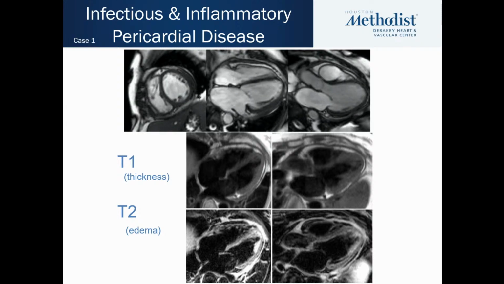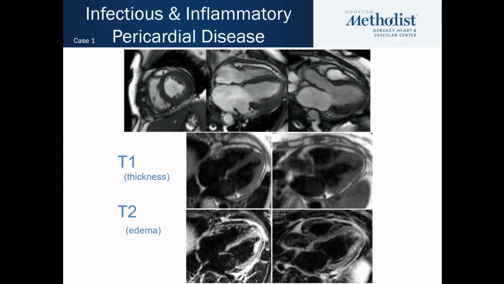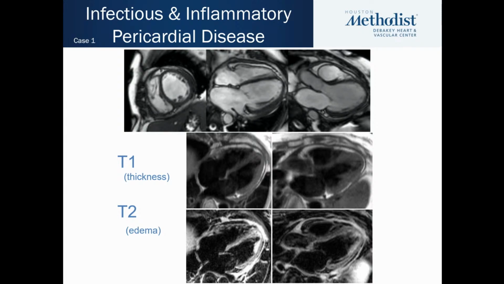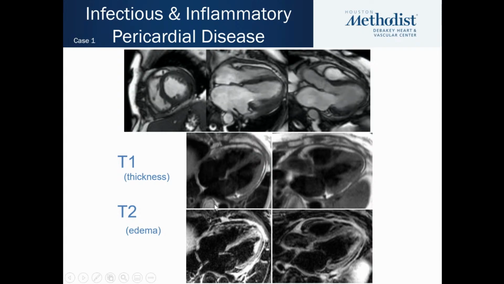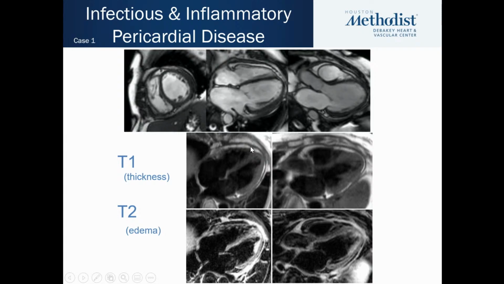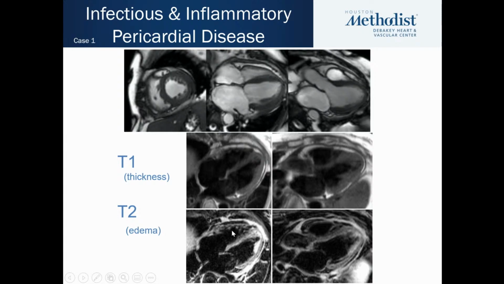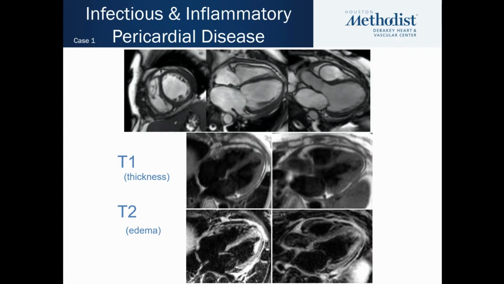And then with T2 imaging, which is really water imaging or edema imaging, this is a reflection of underlying inflammation. And so this brightness that you're seeing in the very same place as the thickness that you're seeing on your T1 images tells you that the pericardium is inflamed, and it's thick because of that.